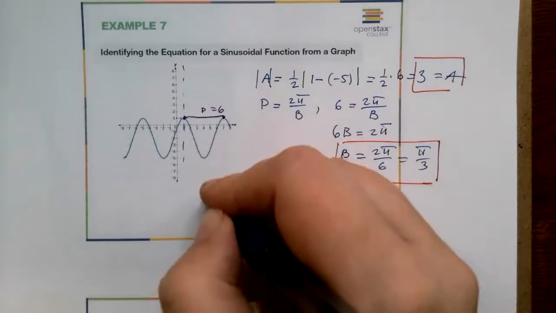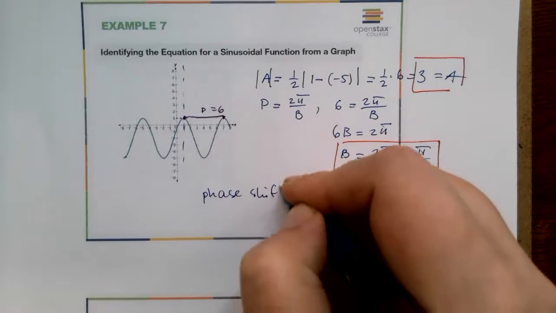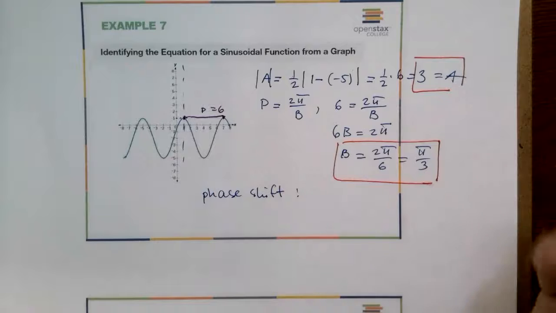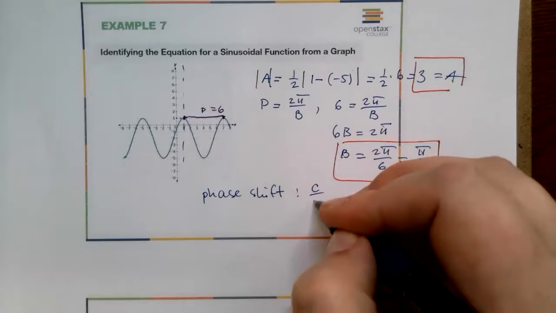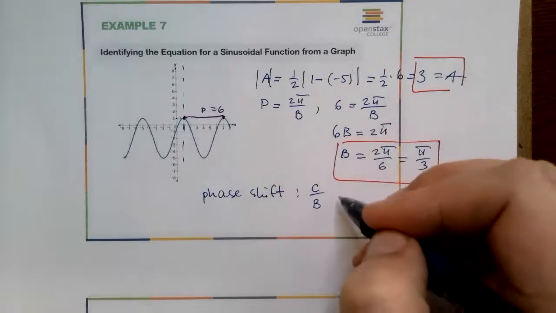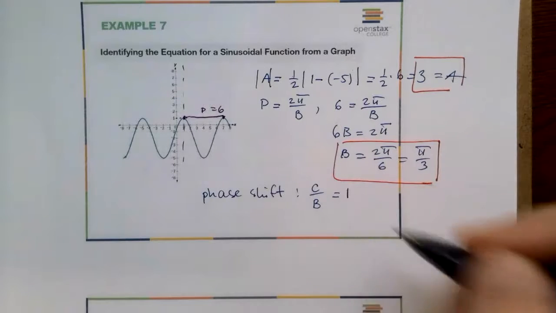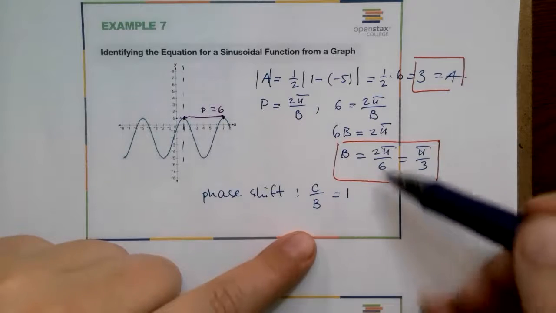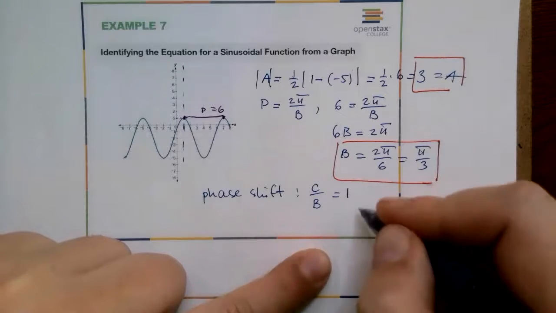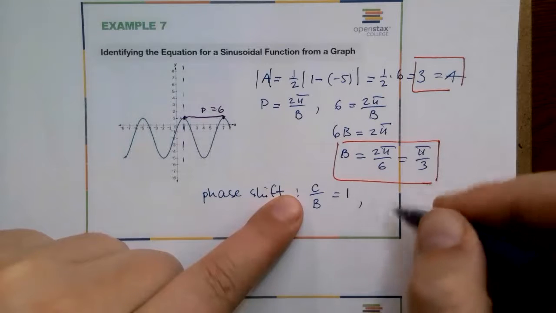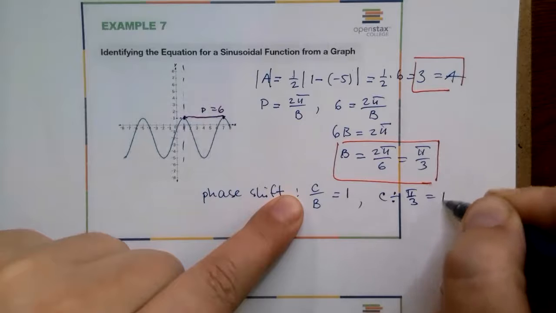And we just identify that the phase shift, which is C divided by B, is 1. C divided by B is 1. Well, we just figured out that B is pi over 3. So C divided by pi over 3 is 1.